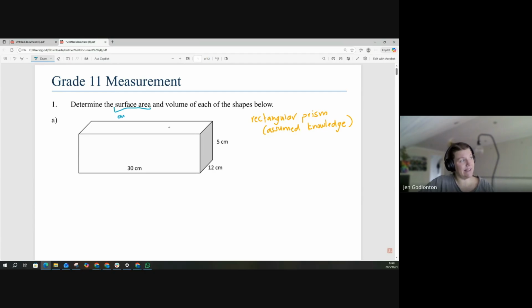So it's basically like if you had to think about wrapping it like a present, it's the outside of the shape. And then the volume is your inside. So it's the capacity. When we were talking about surface area, since we're dealing with centimeters, it'll be centimeters squared. And when we're dealing with volume, it will be centimeters cubed. Do you want to give this one a try?